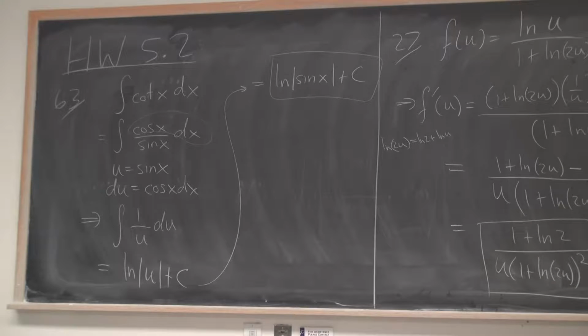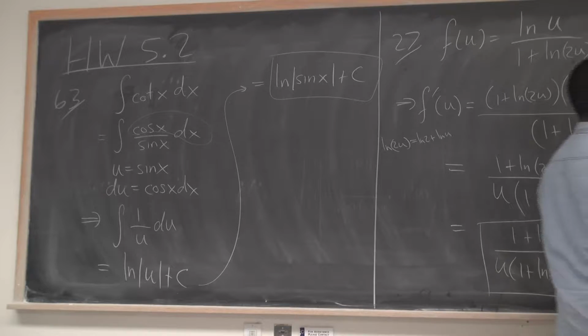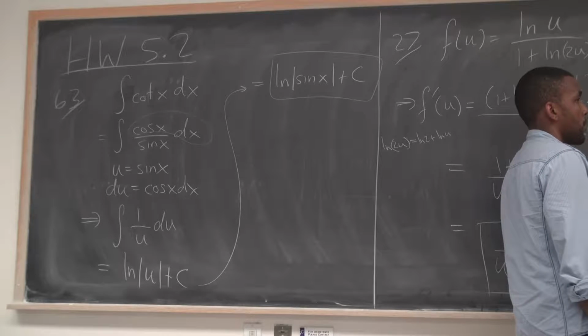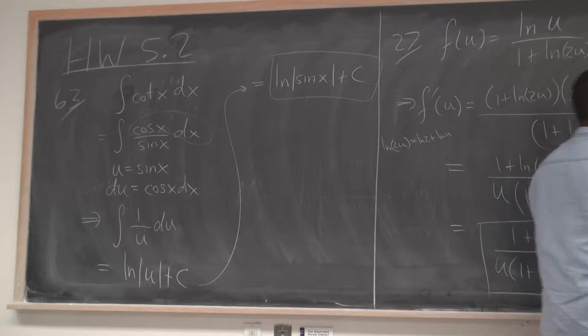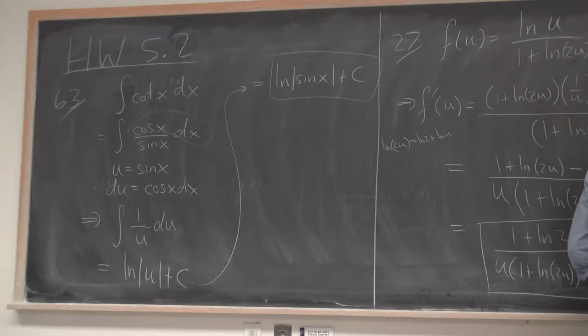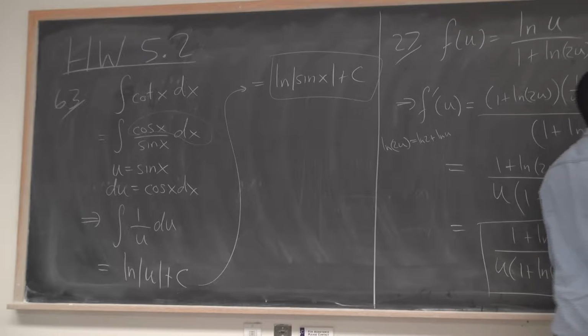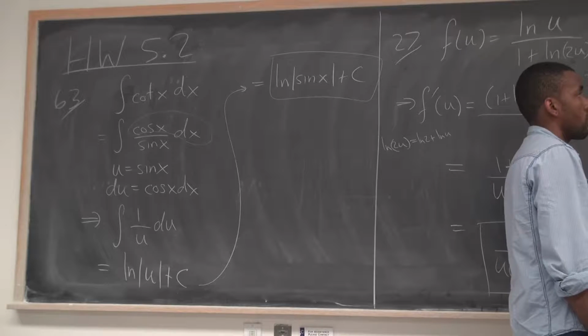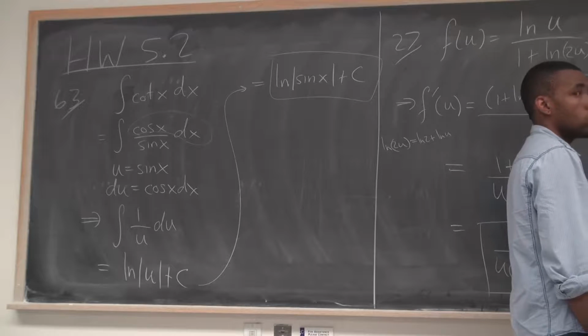Right, but doesn't the absolute value affect this guy? I know that absolute value of x, for example, is just equal to x if x is positive, it's minus x if x is negative. Does that actually change the answer here? Do we have to worry about signs?